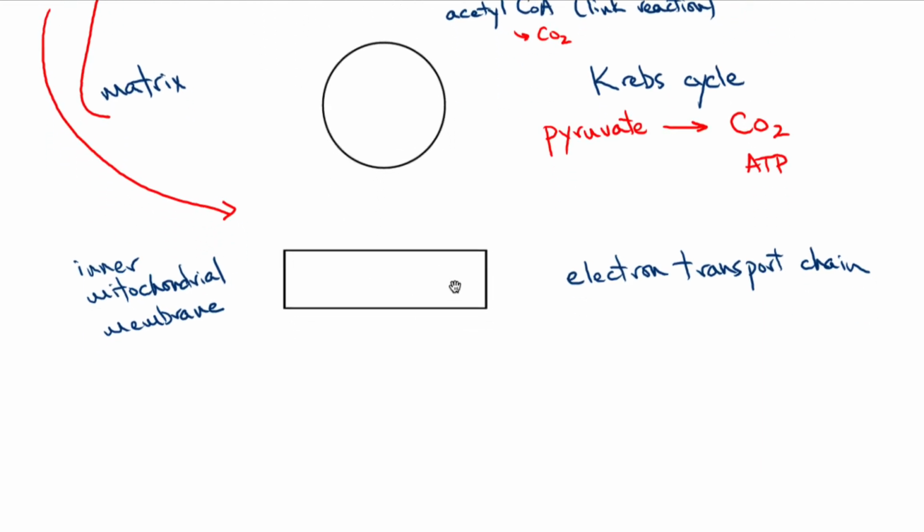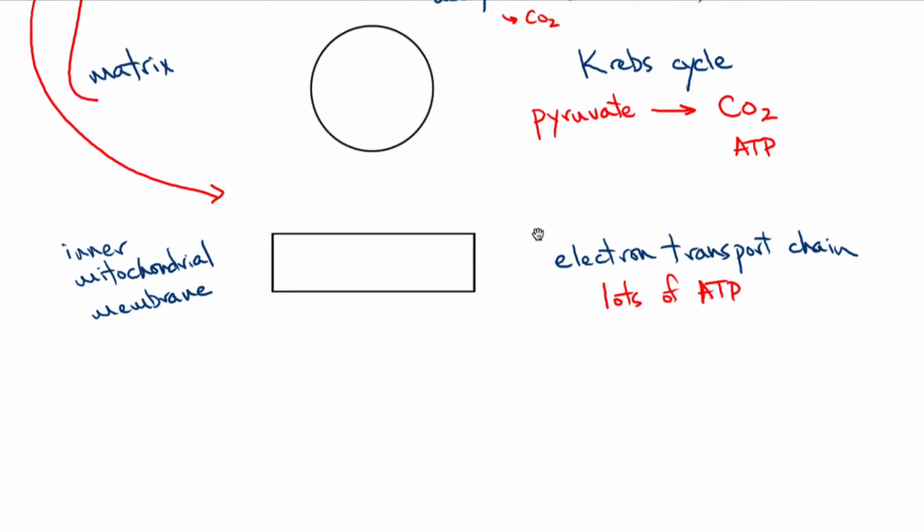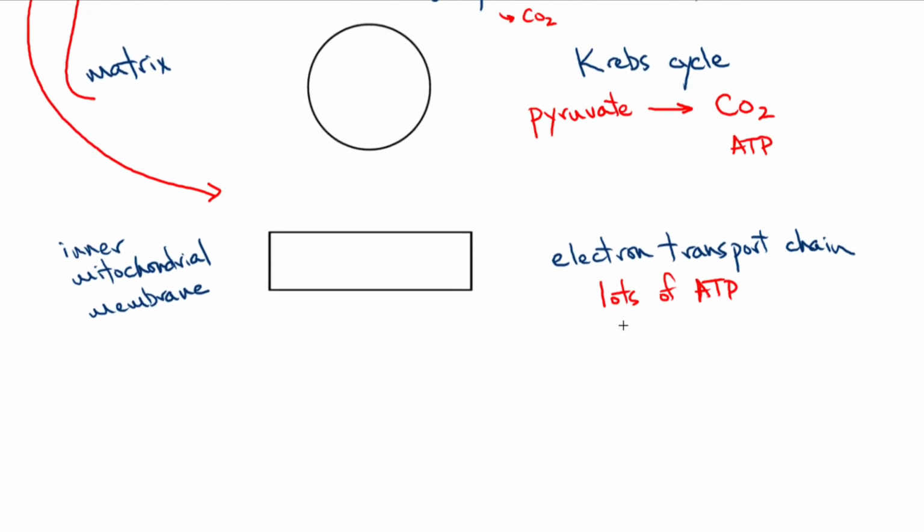But they then feed into the electron transport chain, and that produces lots of ATP. So most of the ATP that is released from cellular respiration is being produced at the electron transport chain. The ATP produced directly from the Krebs cycle and glycolysis is just a small portion of the overall ATP. This last step, the electron transport chain, is where the vast majority of the ATP is coming from.